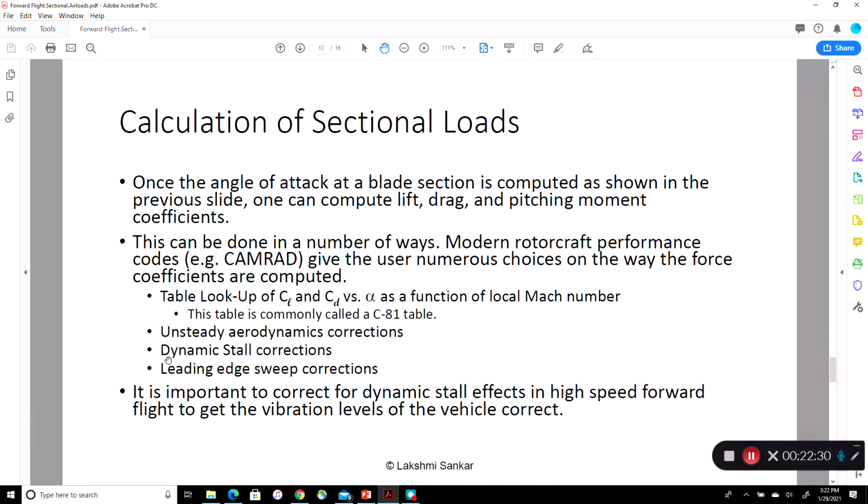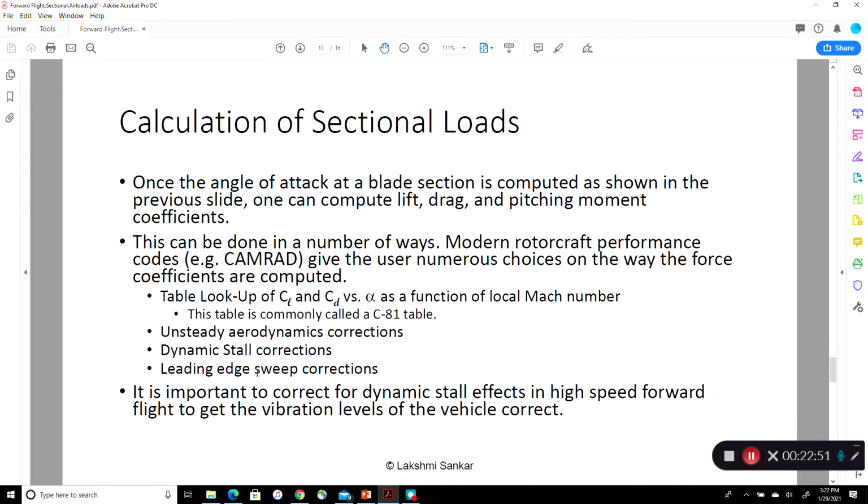That's the so-called dynamic stall. So comprehensive programs will have dynamic stall corrections. There are a number of models available, such as the Peters model, the ONERA model, the Leishman-Beddoes model, and so forth.